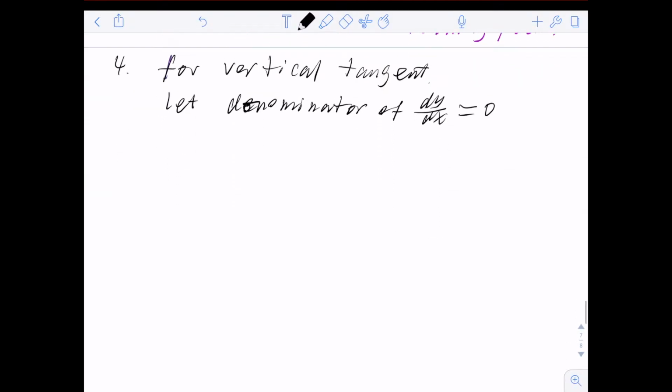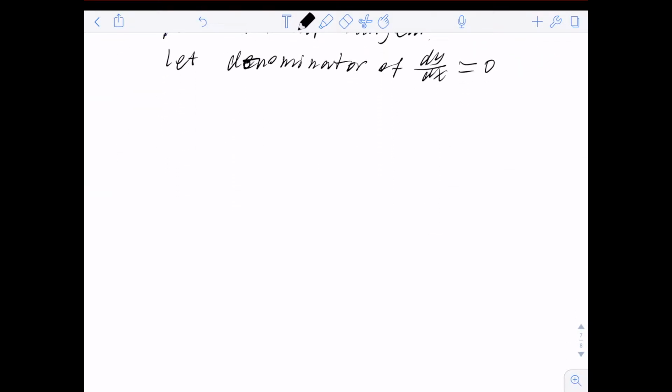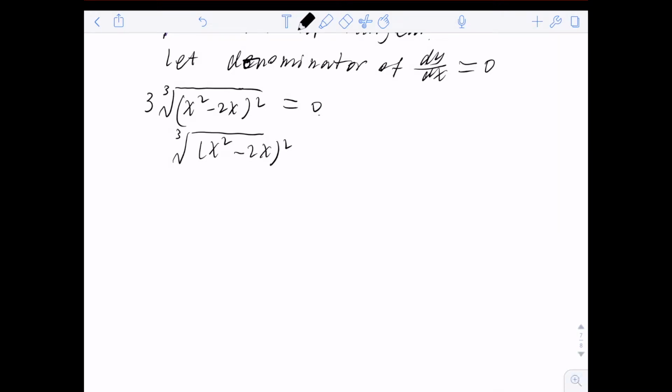Okay. So my denominator was 3 times the cubic root of (x squared minus 2x) all squared, equal to 0. Then I divide by 3 on each side, so it gives me cubic root of (x squared minus 2x) all squared equal to 0.